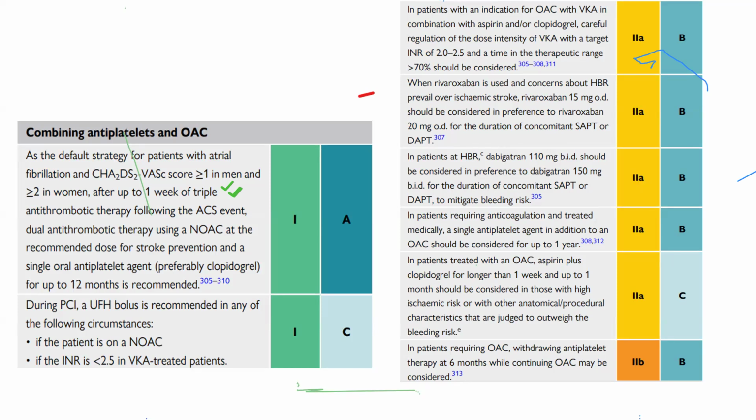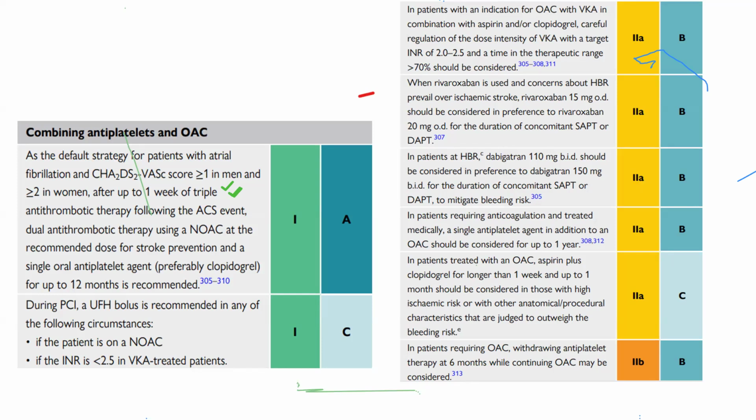After that 1 week, you continue the anticoagulant because you have a permanent indication for it, being the AF. Then you reduce your dual antiplatelet therapy to a single antiplatelet together with the NOAC. Because the risk of bleeding is low with clopidogrel, the recommendation is to use clopidogrel together with your NOAC, considering the risk of bleeding.